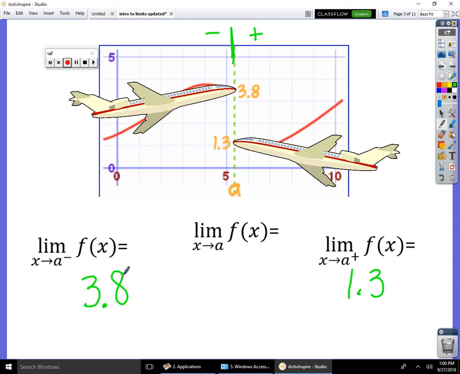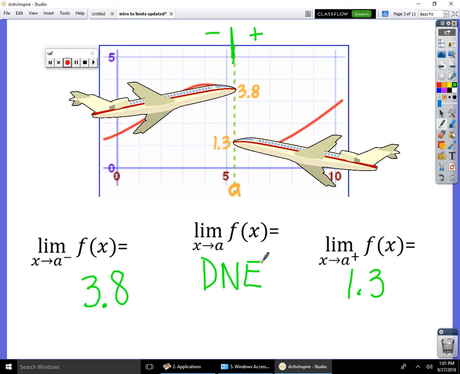So, if we don't meet up, the limit does not exist. Can someone tell me what type of discontinuity is in the picture up there? A jump, okay? Jumps never have limits. Let me rephrase. Jumps never have limits at that exact value, okay? Good? All right.